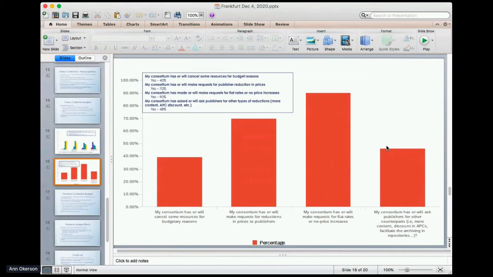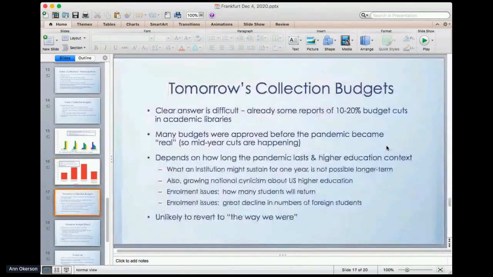My consortium has made or will make requests for flat rates with no price increases. 90% yes on that. And my consortium has asked or will ask publishers for other types of reductions, not necessarily in money, so like more content, more back files, APC discounts, etc. And that was a 48% yes.